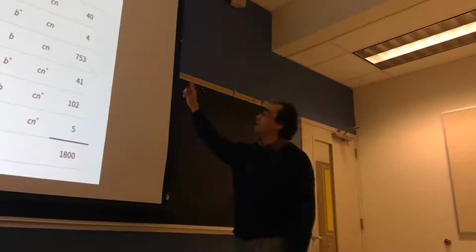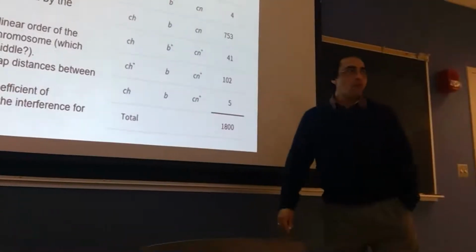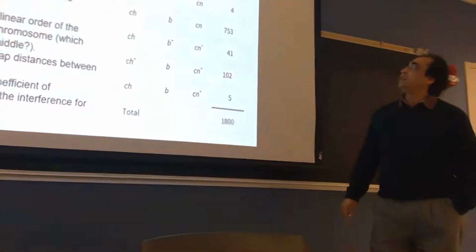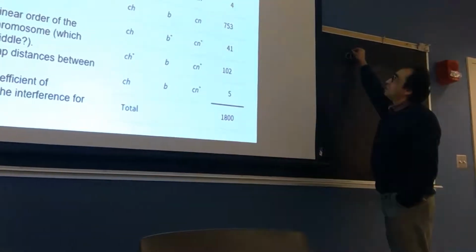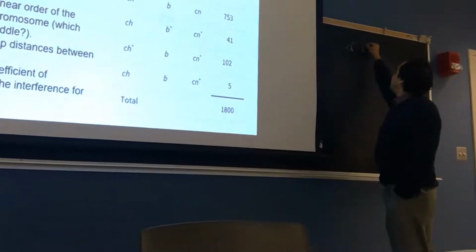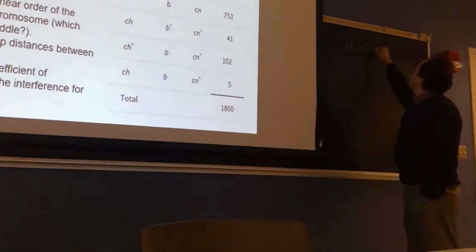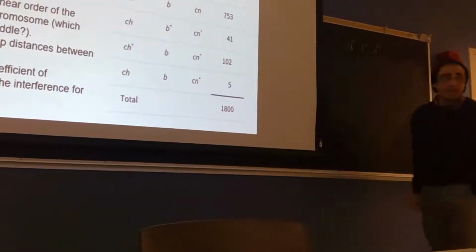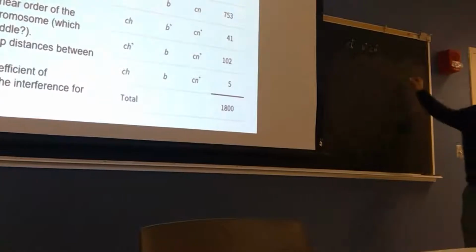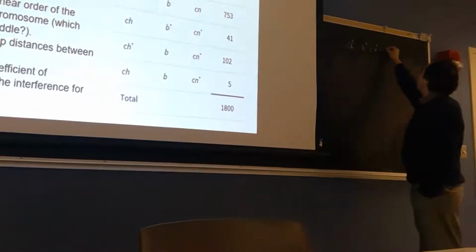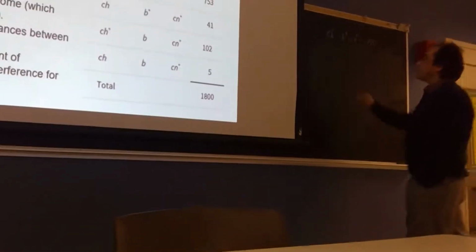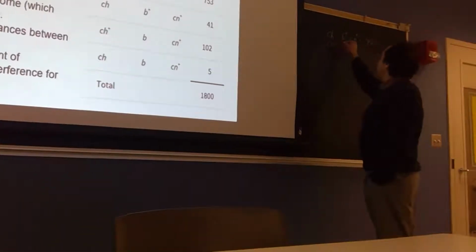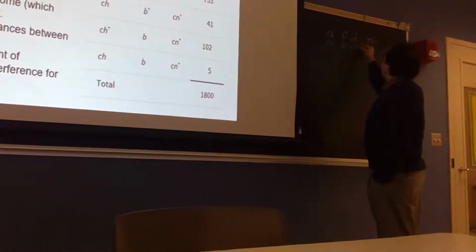So what is the non-crossover type? CH plus, B plus, and CN plus. These are phenotypes. And this number is 750. What is the other one? CH, B, CN.